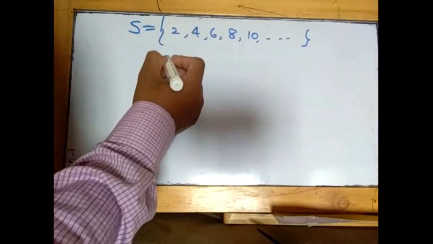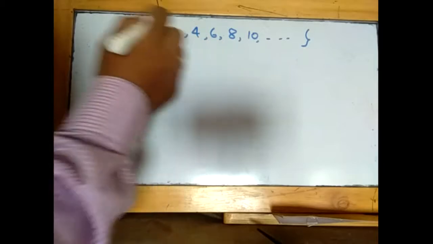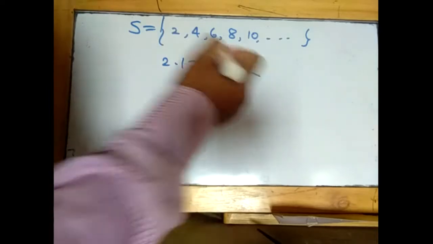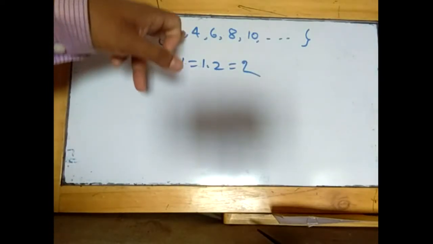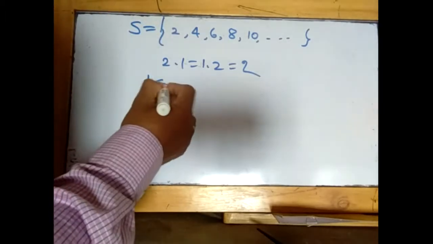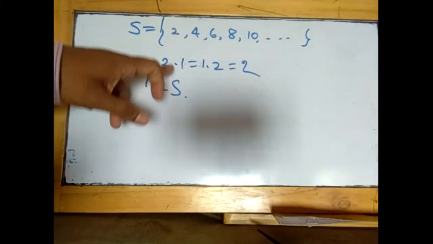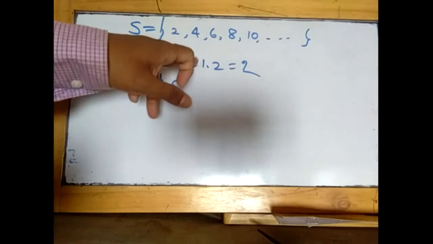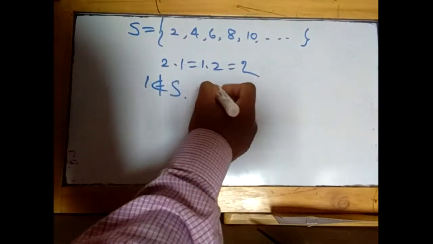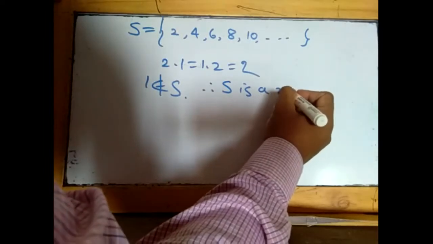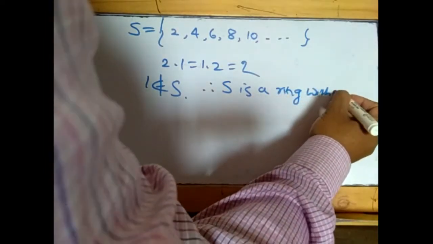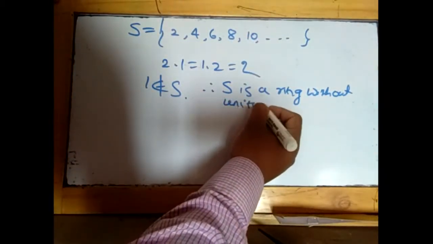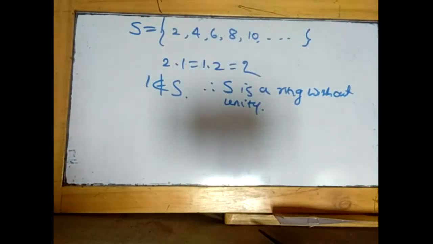So there does not exist an element 1 such that 2 into 1 is equal to, or 1 into 2, it should give the same number, that is 2, because 1 does not belong to this set S. So therefore there does not exist any unit element. So therefore S is a ring without unity.